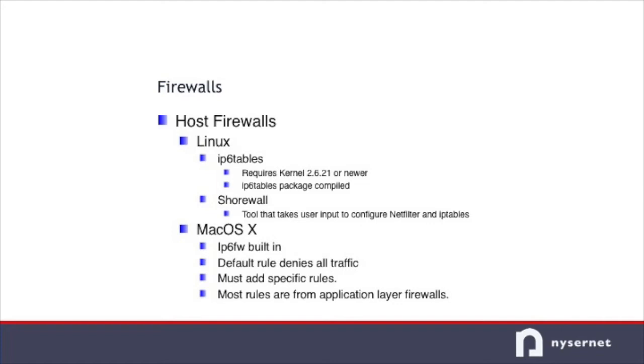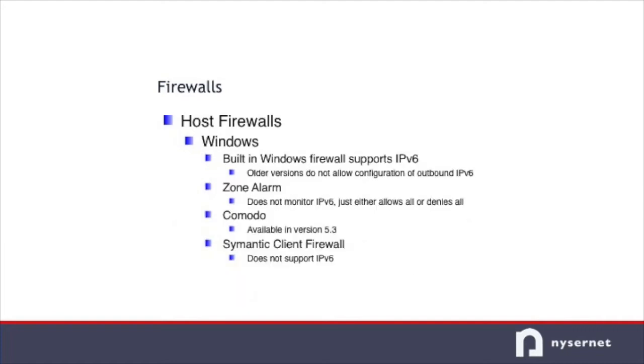I'm not a Mac user, so all of the Mac users in here can confirm or deny that it works perfectly fine. From everything I've heard, it works perfectly fine. Windows, the built-in firewall supports IPv6. Older versions of XP did not do a very good job of that, but anything since then has done a perfectly fine job with supporting IPv6.